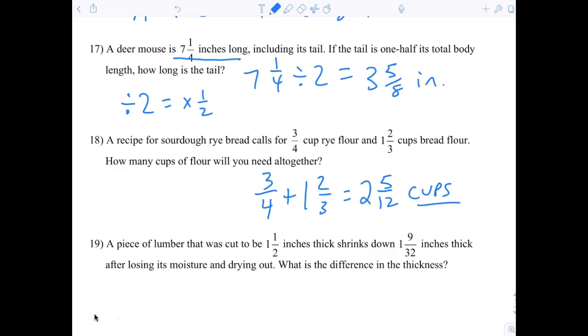Now also do this. 7 1/4 divided by 2. So what you learned right now was that if I say half of something, you can either multiply by 1/2 or divide it by 2. Very important. Half and divided by 2, same thing.